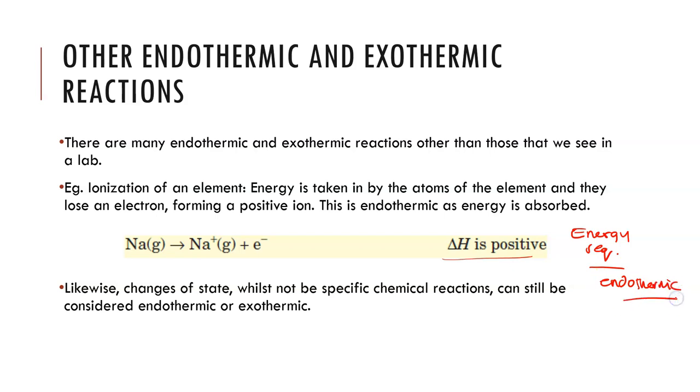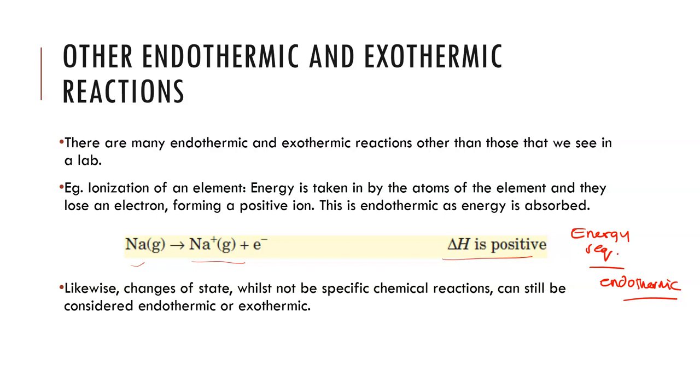Okay, there is an energy requirement in order for this to occur. We're going to go from a more stable to a less stable, more energetic state in the form of the ion. So therefore, it must be having energy placed in to remove that electron.